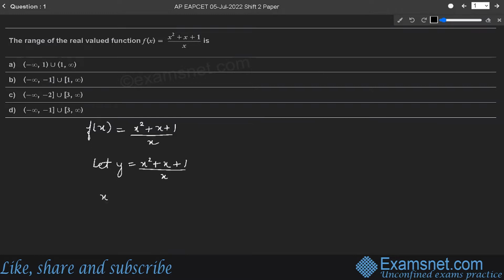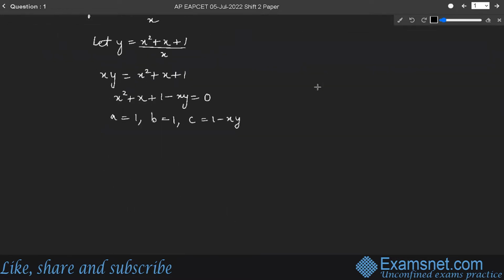Therefore, on cross multiplying, it will be xy is equal to x square plus x plus 1. Or we can write it as x square plus x plus 1 minus xy is equal to 0. So here a will be equal to 1, b will be equal to 1 and c will be equal to 1 minus xy. Now we have to calculate the value for discriminant.